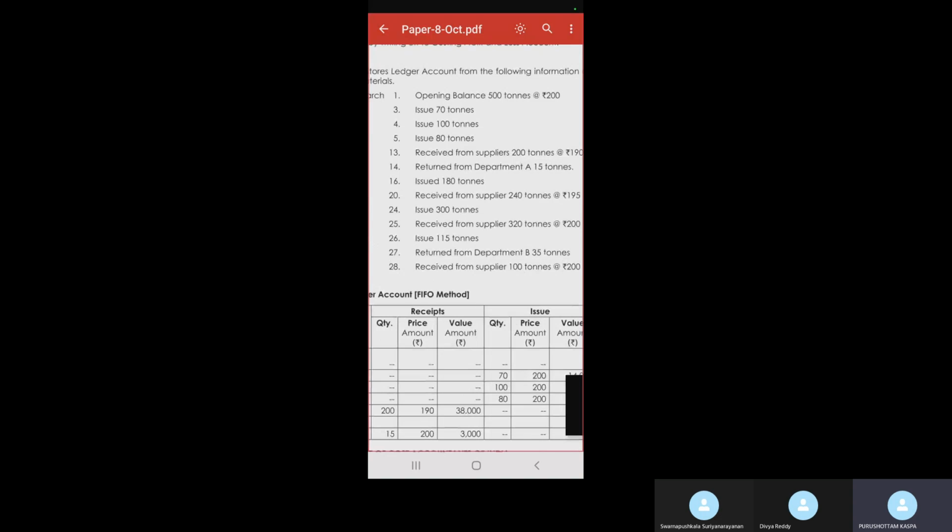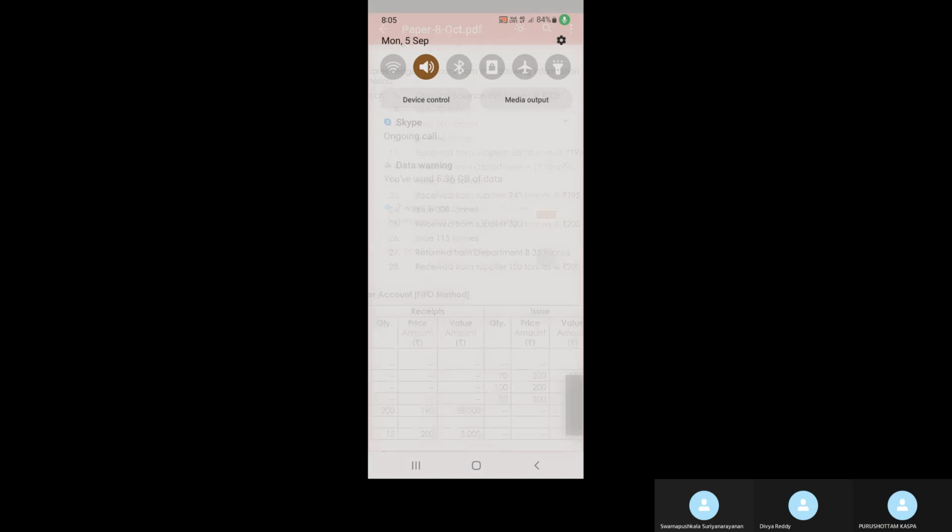Periodic stock taking means stocks are counted at regular intervals of time, and in perpetual or continuous stock taking, the moment a transaction happens, the stock balance and the stock value are arrived at. So the balance of stock is expressed in both quantitative and value terms.